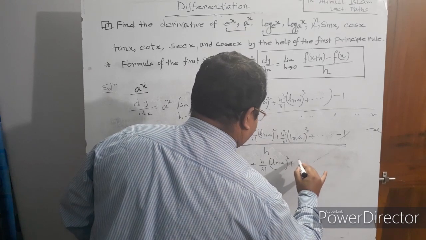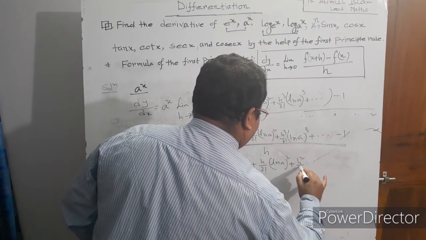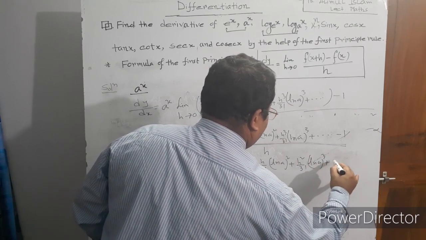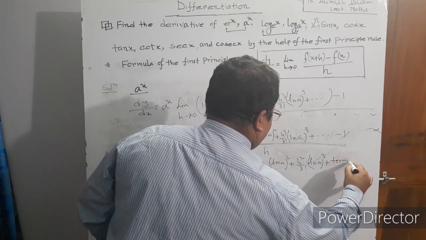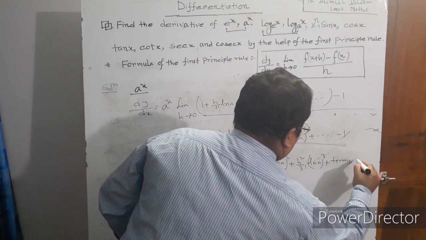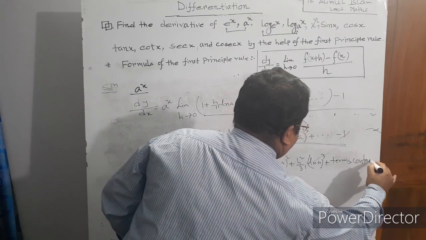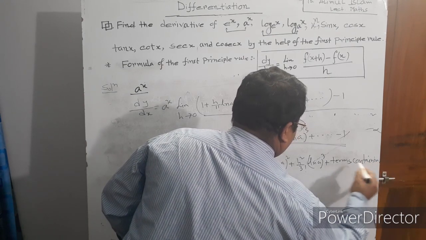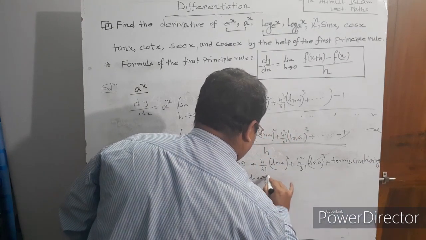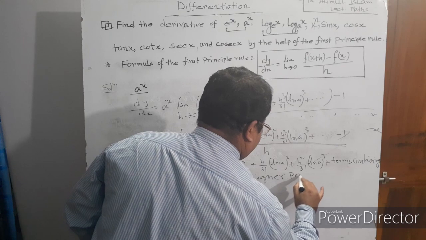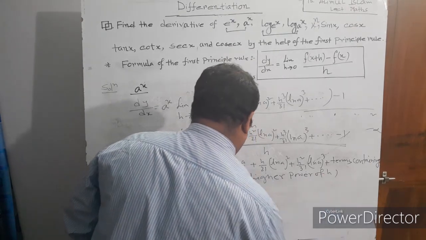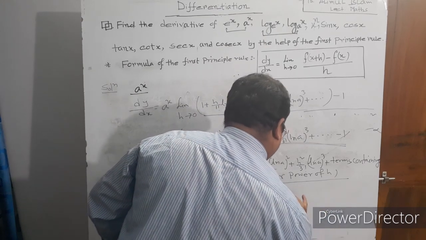plus a squared over factorial 3 ln cube plus terms containing higher power of x, divided by x.